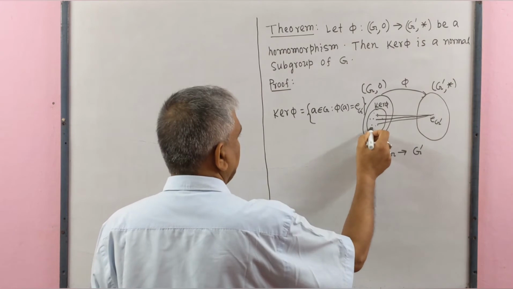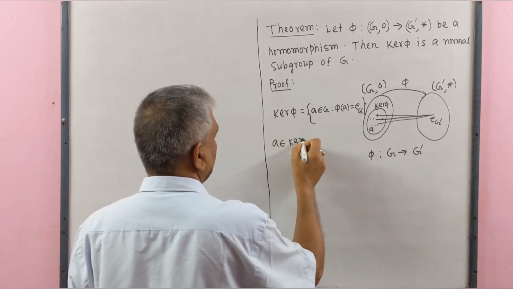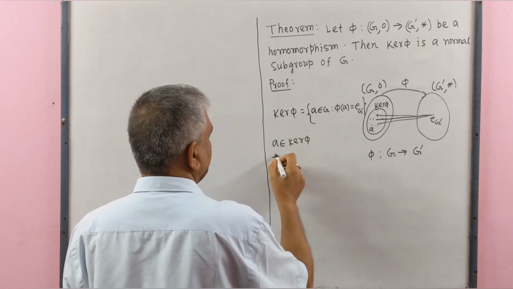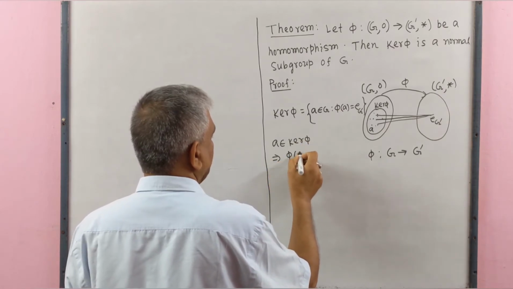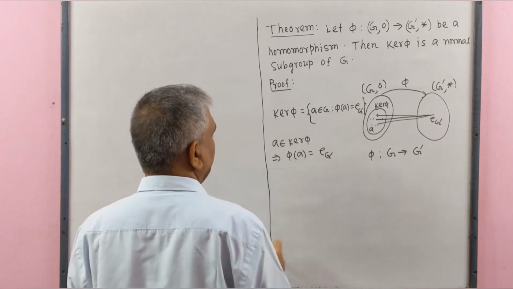Let a belong to ker phi, which implies phi(a) equals the identity element of G'.